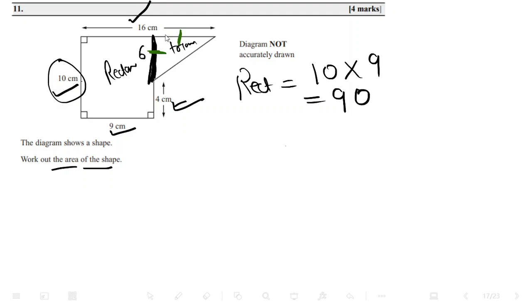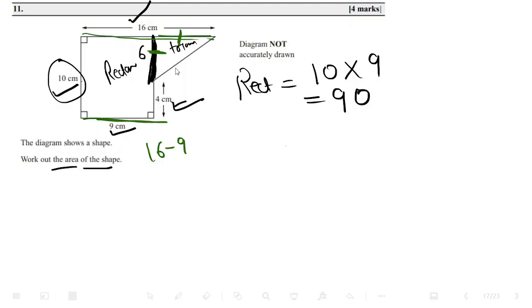See, this whole side is 16. So what we are doing is we take the area of the rectangle and then the area of the triangle, and then we just add both and the answer comes. Yes, you are right. We will just find out the areas and add both of them.